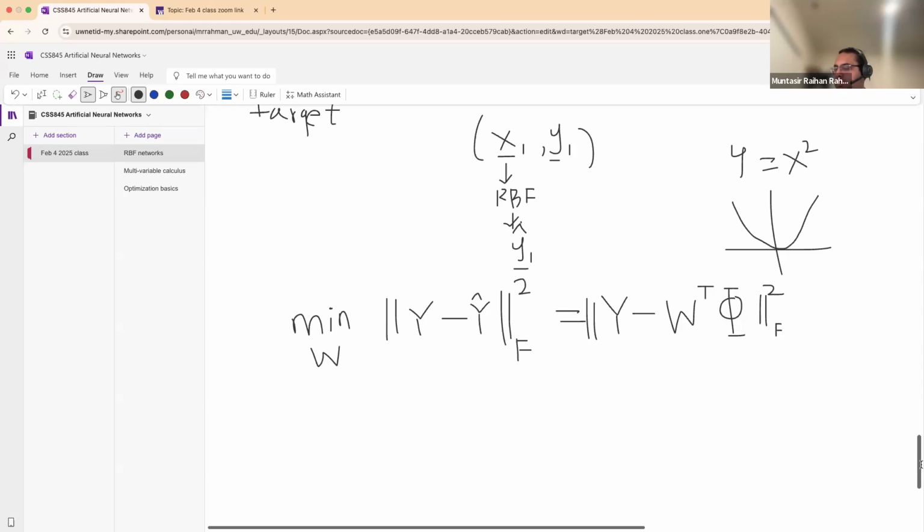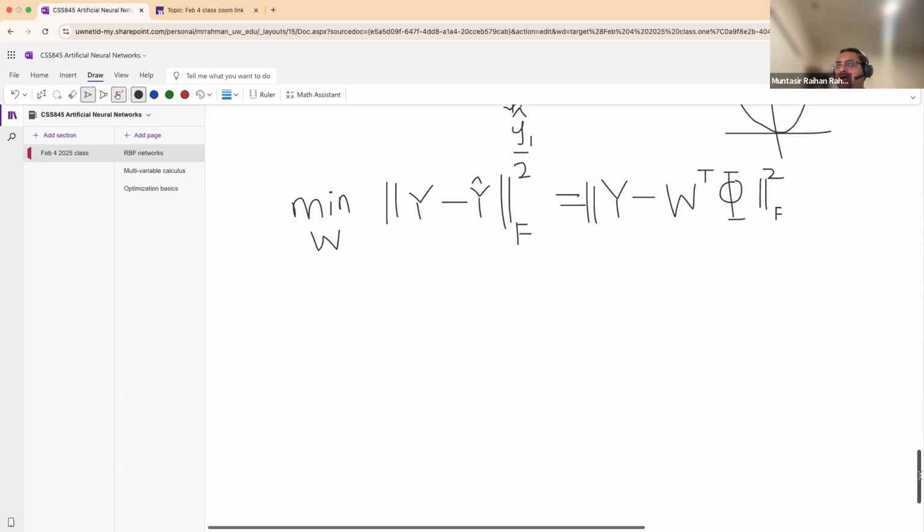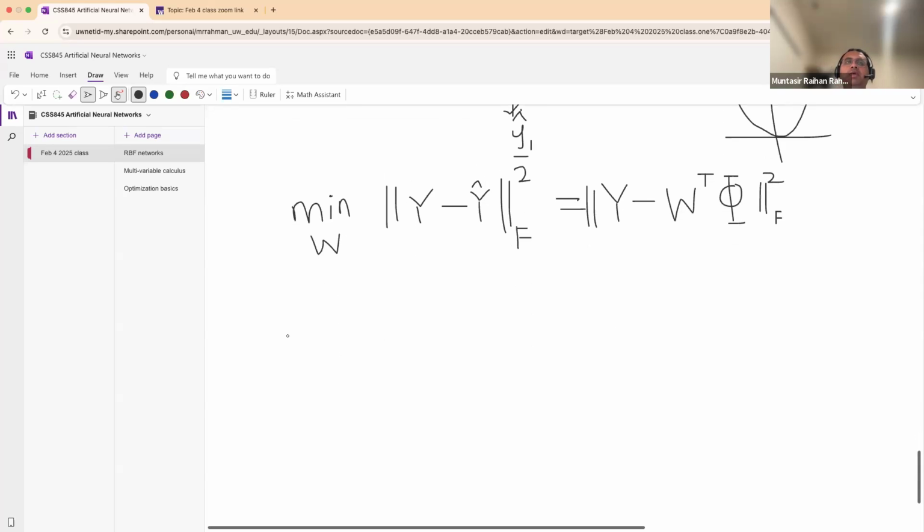Okay, so now we're going to do some calculus, and we might talk more about the basis in a later class. The idea of optimizing this is that we have this function here, a function that includes matrices, but eventually we have a norm, right? So basically we have a real quantity.